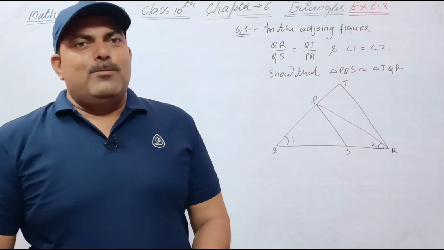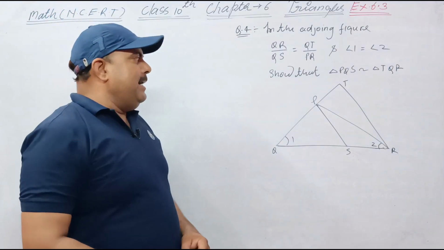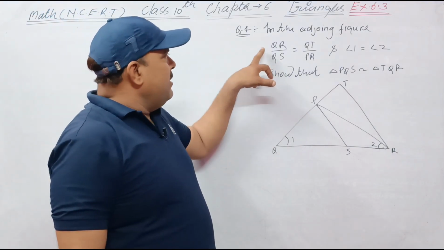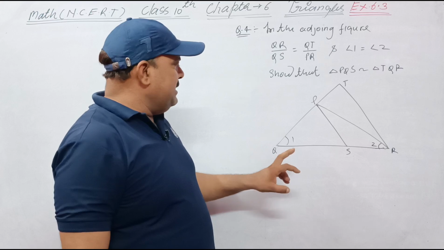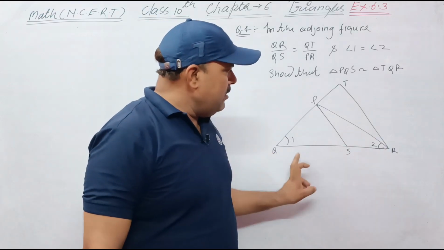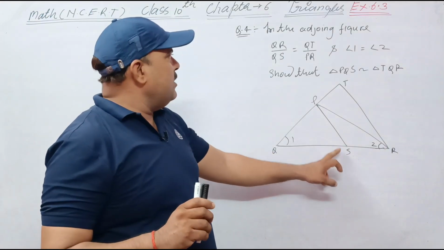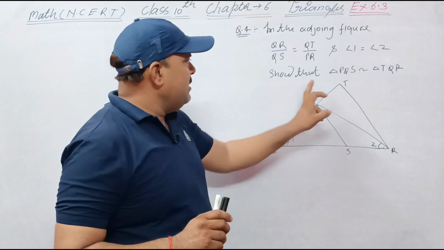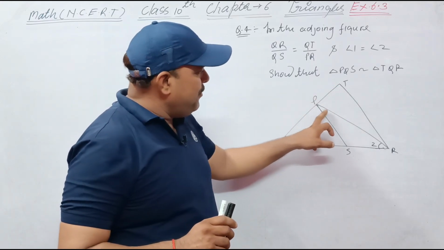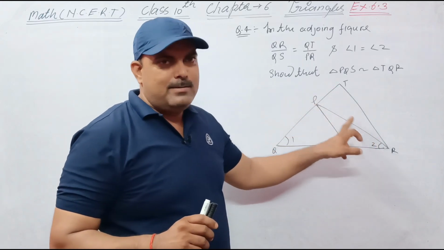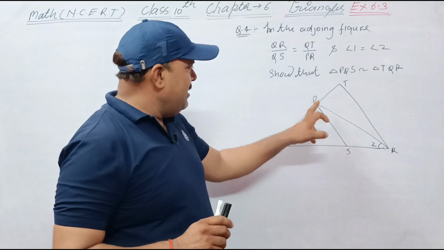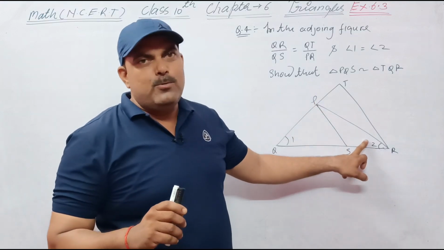Let's understand question 4, in which we have given that QR upon QS is equal to QT upon PR, and angle 1 is equal to angle 2.